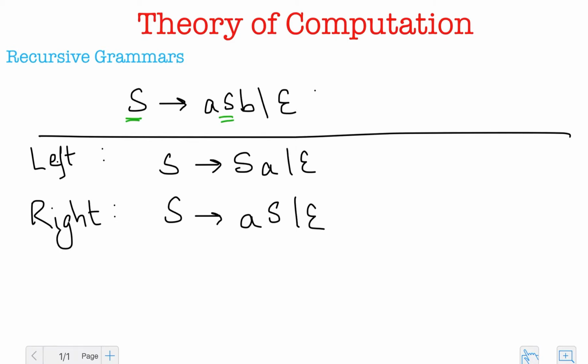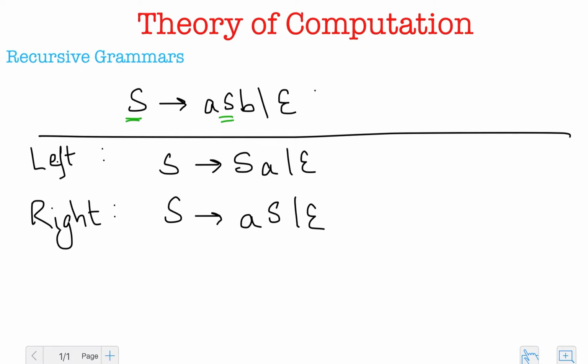I'm not going to go too much in depth about left and right recursive grammars, but one thing I'll mention is that left recursion is not too great, whereas right recursion is alright. But more importantly, we talked about derivation trees in the last video, and also about ambiguous and unambiguous grammars.